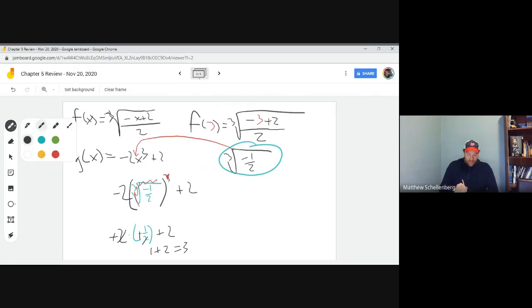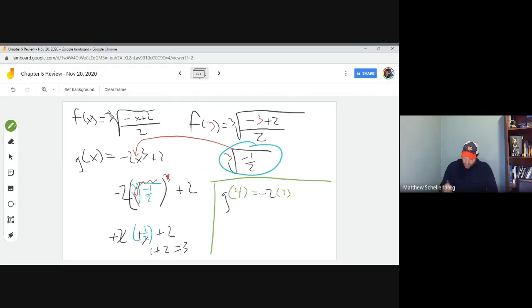But maybe a lot of you are thinking, yes, I'm good, we can move on, Mr. Schellenberg. But just to be safe, and because I have the time, let's pick a different number. Let's say like 4. Again, these are arbitrary. g of 4 equals -2 times 4 cubed, and we're just cubing the 4, not the -2, and then plus 2. 4 cubed happens to be 64.